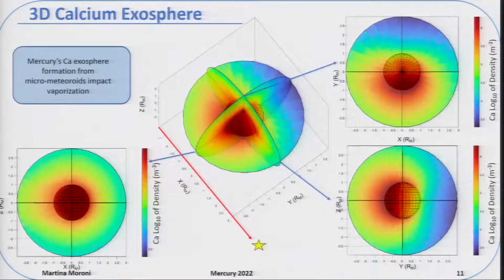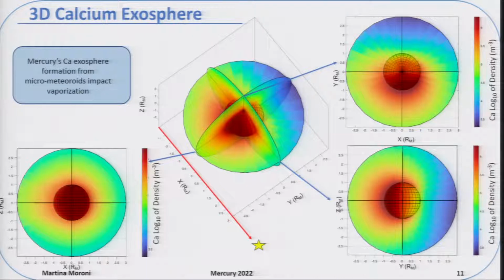I wanted to show this other picture that represents a 3D vision of the calcium exosphere, in which the 3 figures represent the projection along 3 different coordinates. In this plot, I consider the sum of the 2 contributions, the thermal and the energetic calcium.